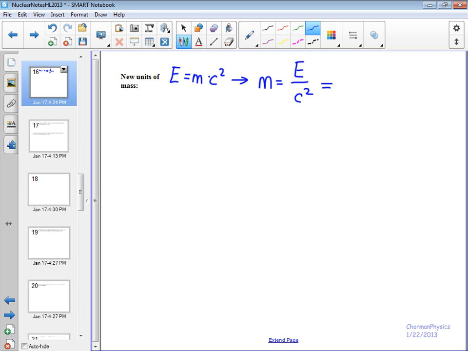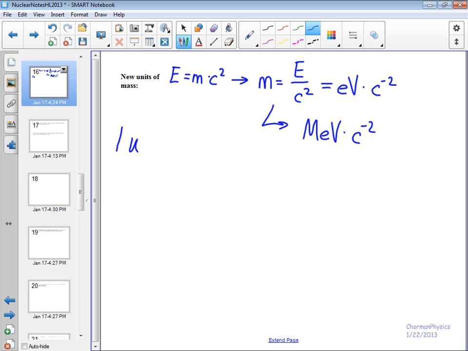The unit we're using for energy is the electron volt, and if we keep the c squared in the denominator, it's a unit of mass. More commonly, we're going to be working with mega electron volts per c squared. If we calculate the energy in electron volts, we have our mass if we just divide by c squared, which is a very common way of expressing things.